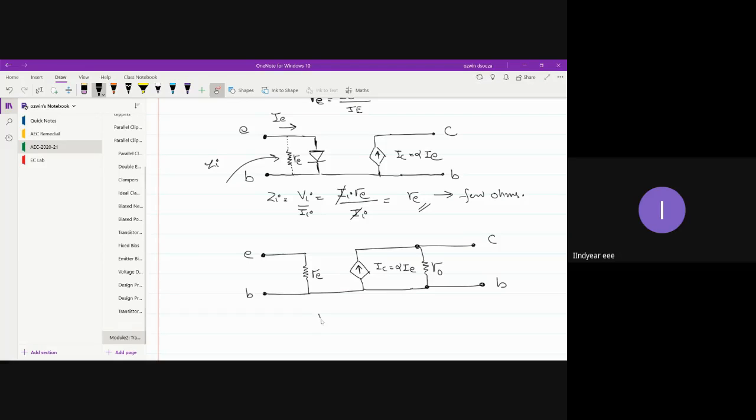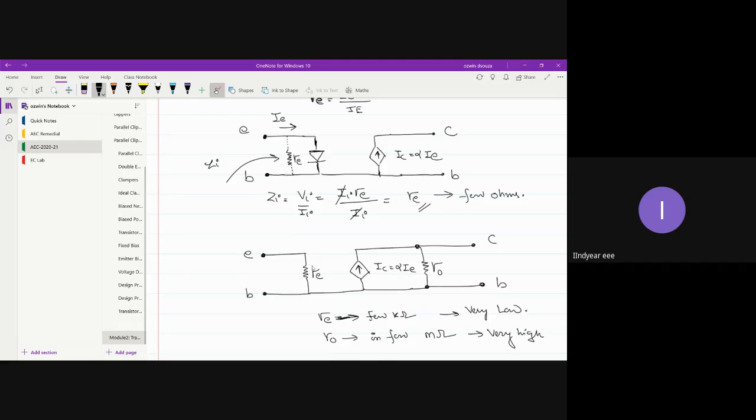So I have already told you RE range will be in few ohms, and R0 range will be in few mega ohms. So this is very high, and this is very low. So this is the characteristic of a common base configuration.